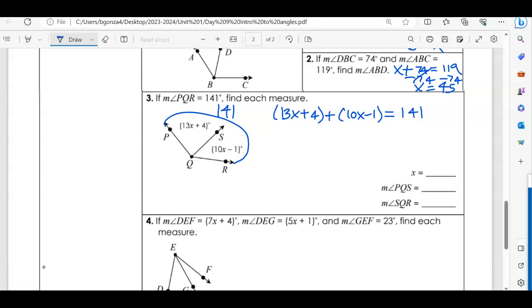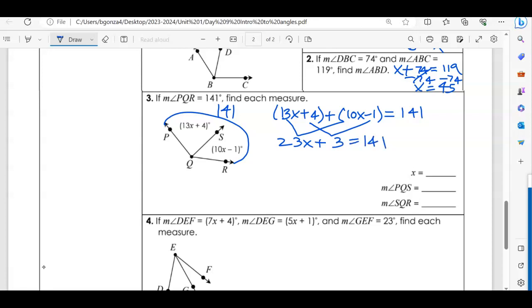Make sure everyone's awake here. Look over here. Combine these x's, 13x and 10x, to make 23x. And I also have some constant numbers I can combine: 4 plus negative 1, which is like 4 minus 1. What's 4 minus 1? 3, so plus 3. Bring down equals 141.